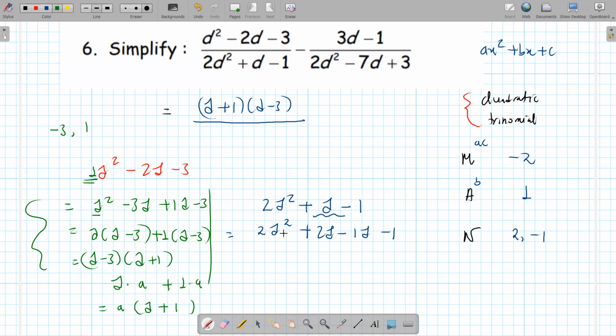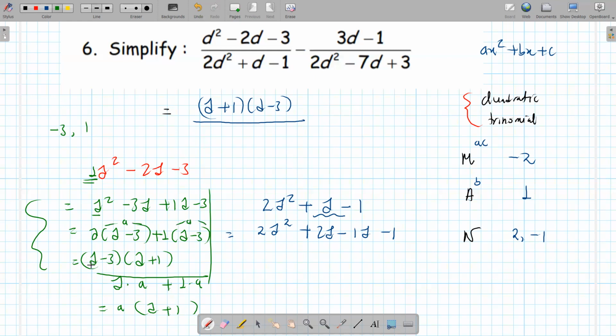Sorry, I'm just a bit confused. So d plus 1, where do you get that from? Here, look at this. We pulled out an a, right? If we were to pull out an a, what do we have left in the bracket? Just the d plus 1. Yeah, so that's what we did for this as well. This entire bracket is a, and this entire bracket is a.